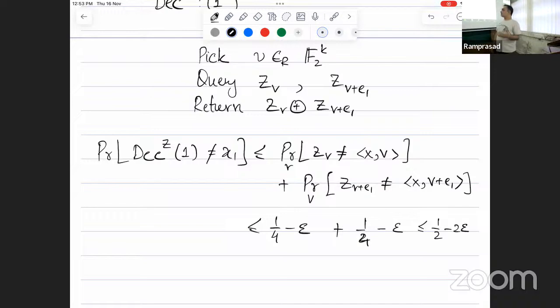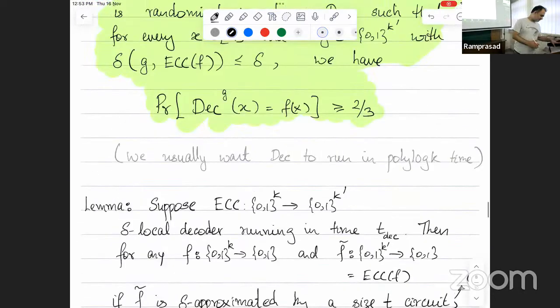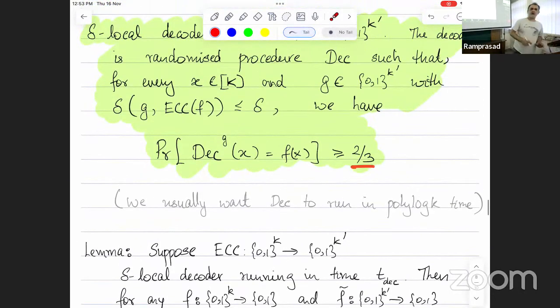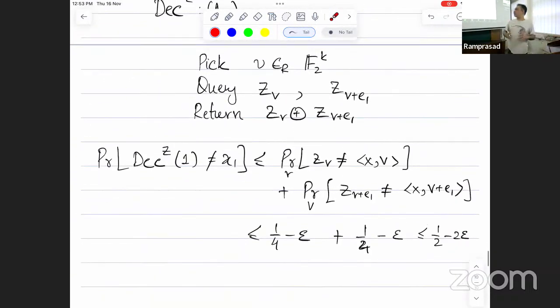So the chance that you are going to correctly decode is a little better than half. But when we defined the decoding procedure, we said that I want to be able to decode with high probability. Just half plus epsilon is not good enough for me. I want to get much higher probability of getting it right. But now it's a simple thing. You're going to get it right with probability half plus 2 epsilon, so you just try out many attempts and take the majority of all of them.